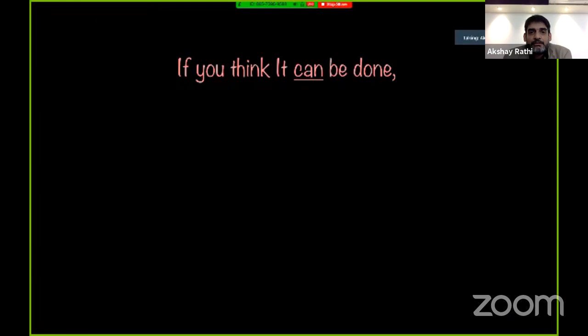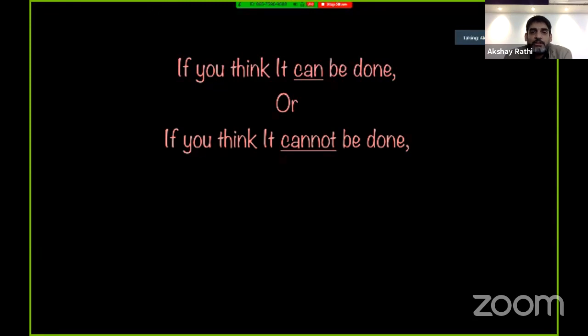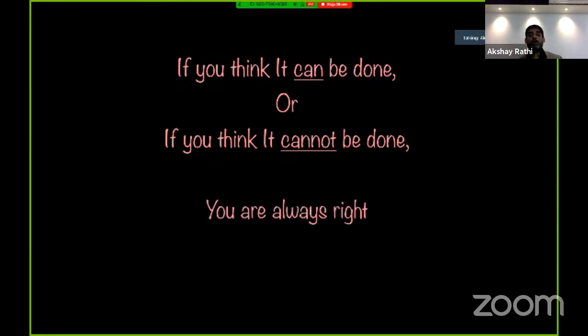Let me begin by saying this. If you think it can be done, or if you think it cannot be done, in both these scenarios, you are always right. So it's up to you whether you develop the mindset that you can do a particular thing, or develop a mindset and be comfortable with it that you cannot do it.